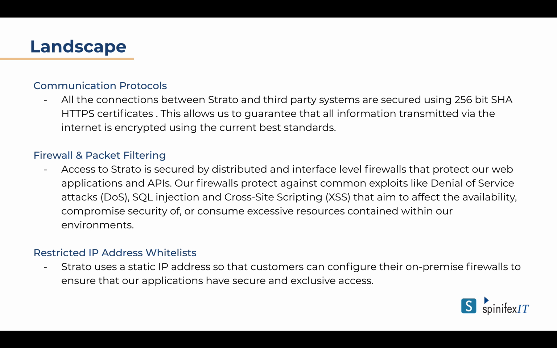We do have firewalls that are protecting Strato and our APIs against common exploitation like DDoS attacks, SQL injection, and cross-site scripting. All of these are detected by our firewall. We have packet filtering also to make sure that we are not attacked, and to keep the level of service of Strato very high.